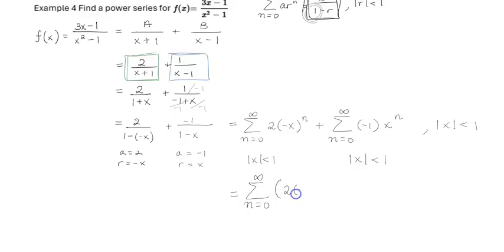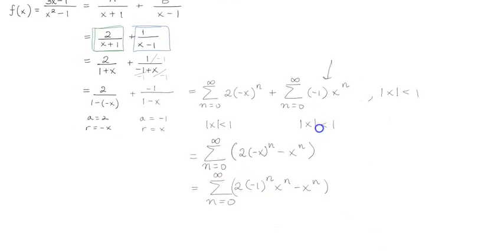So we have 2 negative x to the n plus, or really just a minus, because this is just a negative x to the n right here. And in that first term of the sum, because of the negative x to the n, it's truly alternating. So I'm just going to pull out the negative 1 to the n. I'll leave the x to the n there.